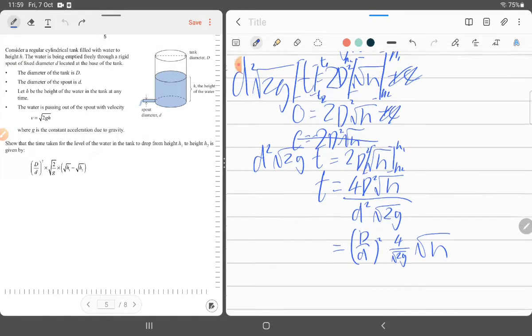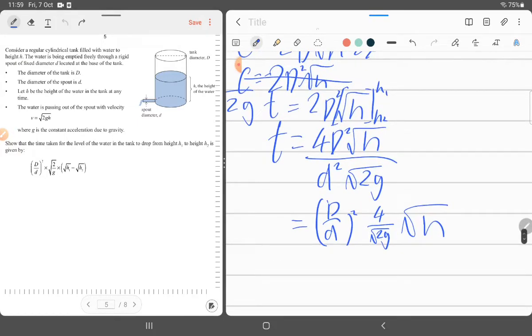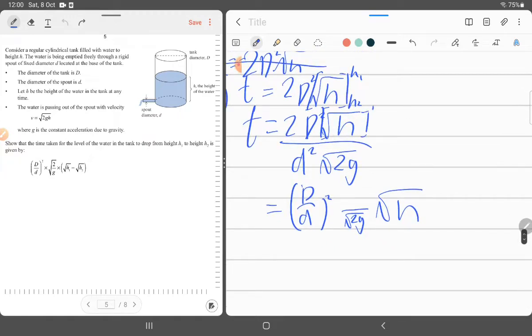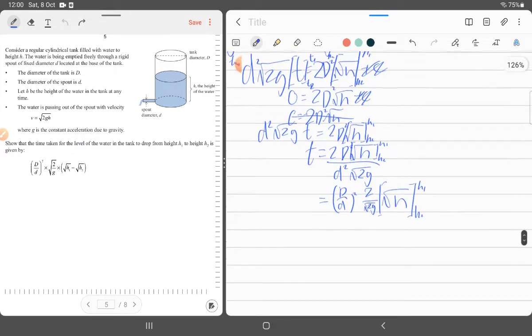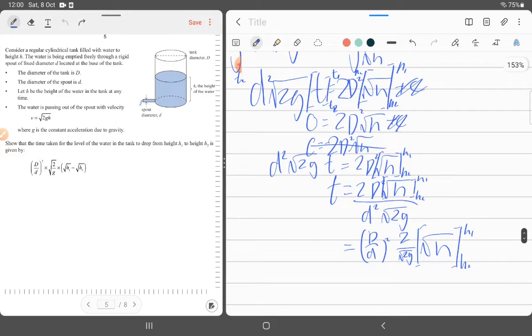It's just 2D squared, and these two will also likewise be 2, H1 to H2. That's 2. Is it 2? Wait, 2, right?